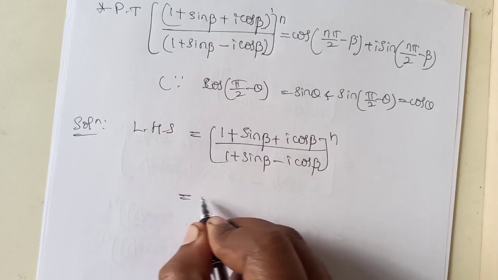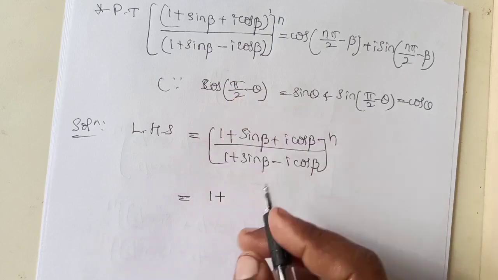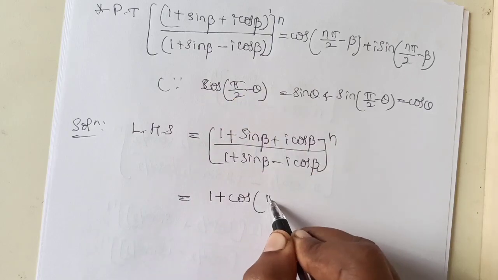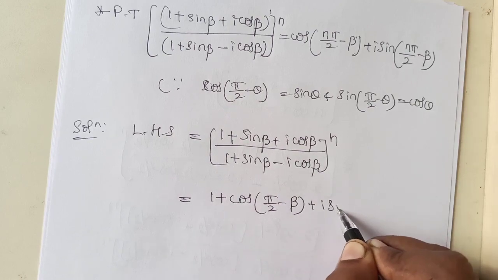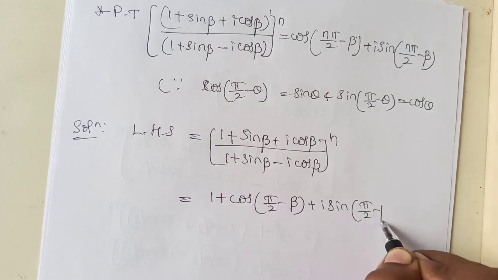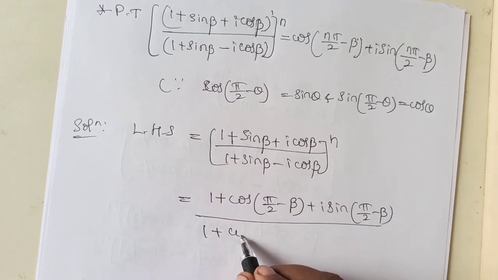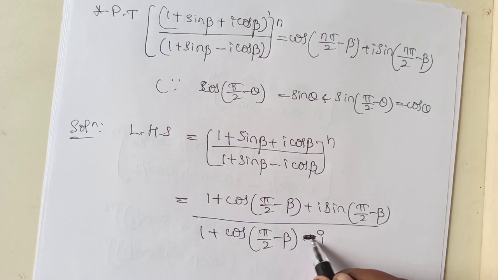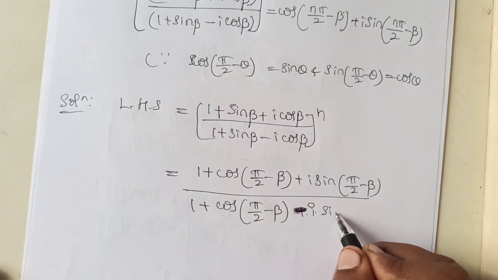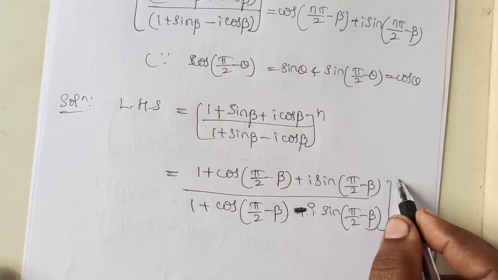This can be written as 1 plus, in the place of sin we write cos of pi by 2 minus beta, plus i sin of pi by 2 minus beta, divided by 1 plus cos of pi by 2 minus beta minus i sin of pi by 2 minus beta, whole power n.